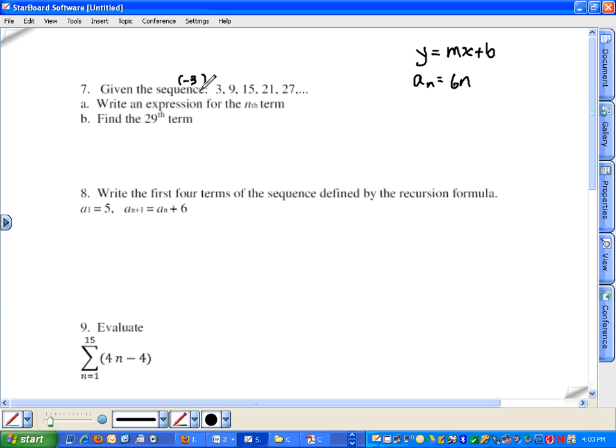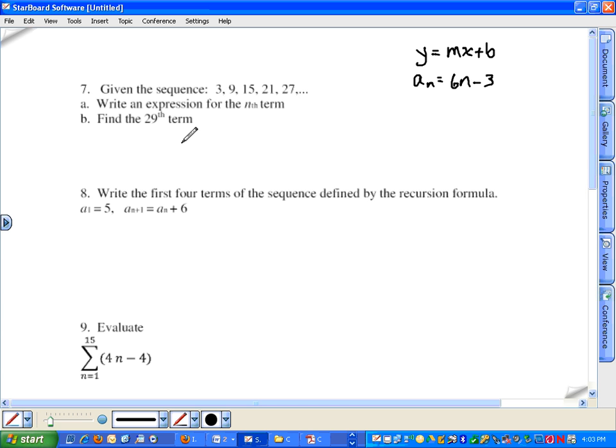So the term when n equals 0, even though it doesn't exist as part of the sequence, would be -3. That would be synonymous to our y-intercept. So the nth term is the explicit function a sub n equals 6n minus 3.